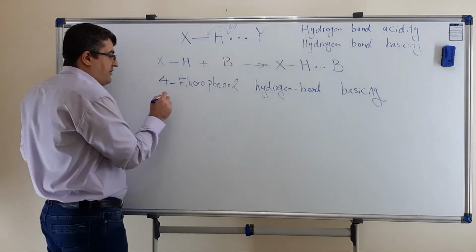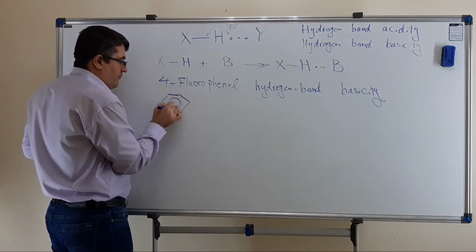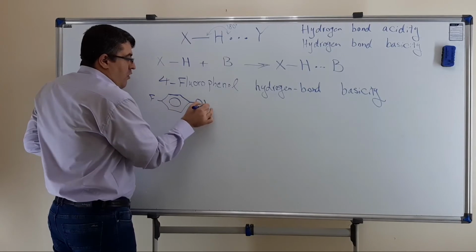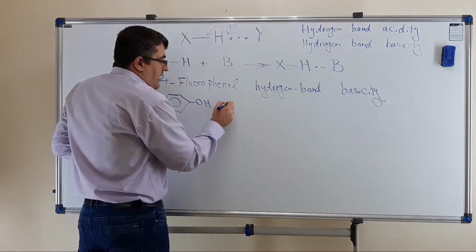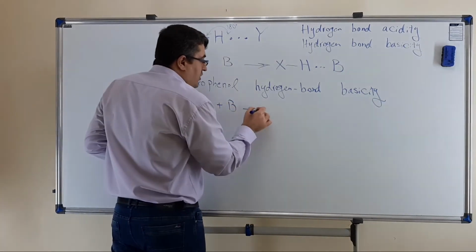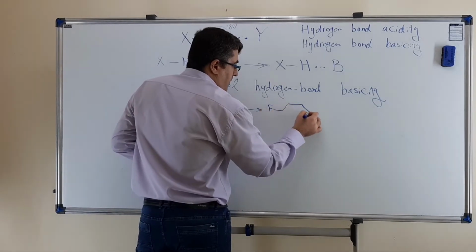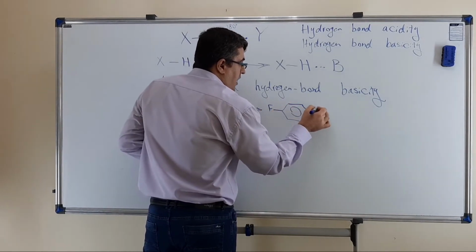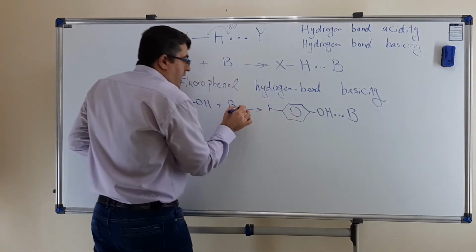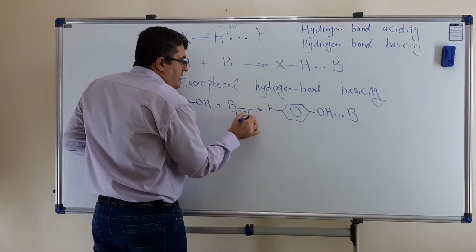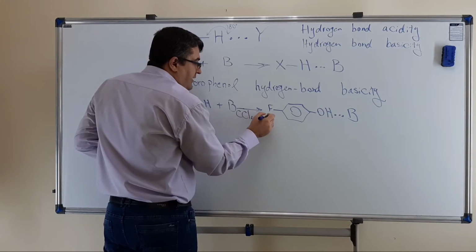The general form of the reaction is as follows. 4-fluorophenol and the Lewis base react with each other to form the related hydrogen bond complex, in carbon tetrachloride as the solvent at 298 Kelvin.